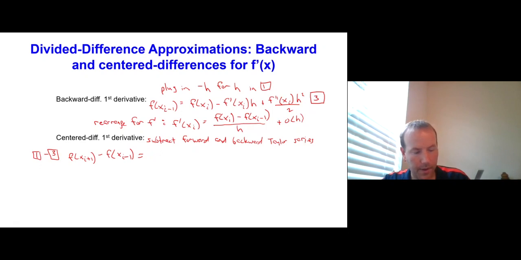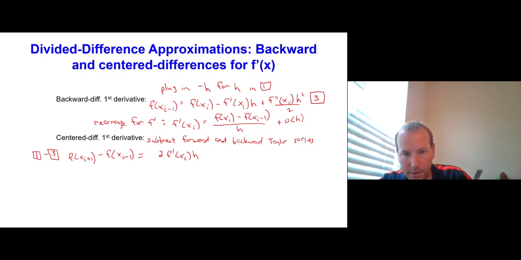And we're left with, right, so the f of xi term canceled out, and then we've got 2 times f prime xi, and that happened because the original Taylor series has a f prime xi and then we were subtracting a negative f prime xi. So that's why we're left with 2 times that.